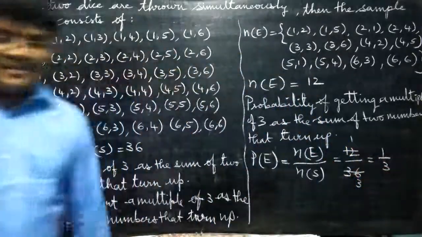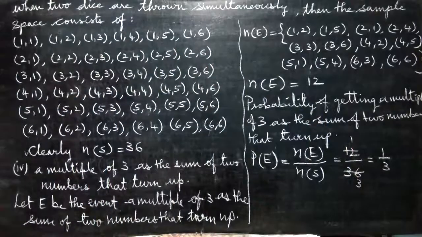Therefore, the probability of getting a multiple of 3 as the sum of two numbers that turn up is equal to 1 by 3. This is the way of doing it when two dice are thrown simultaneously. You have to write all those 36 ways and do it according to the event they ask.